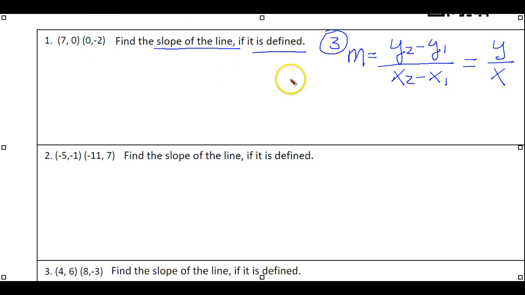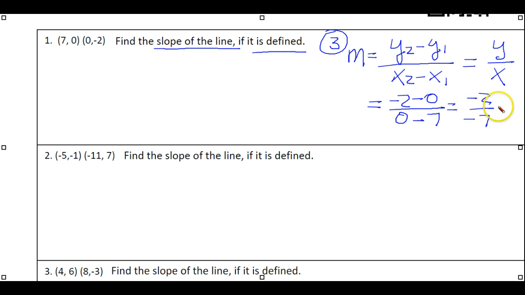So we substitute -2 minus our y sub 1 here, which is a 0, over 0 minus 7. So our slope here, as you can see, is -2 over -7.